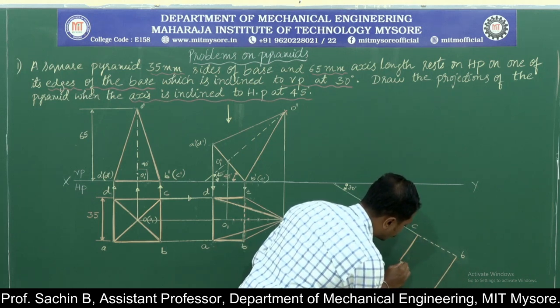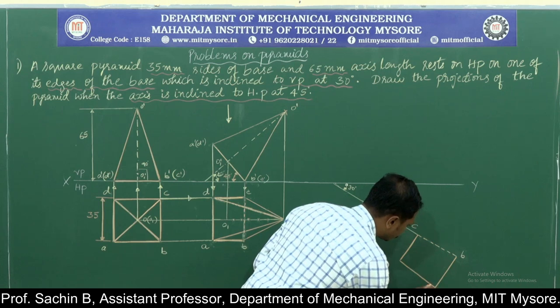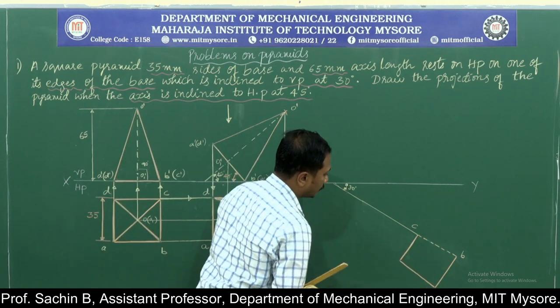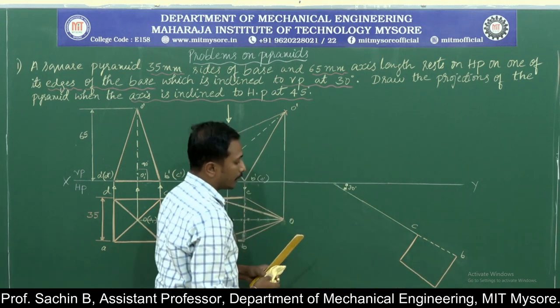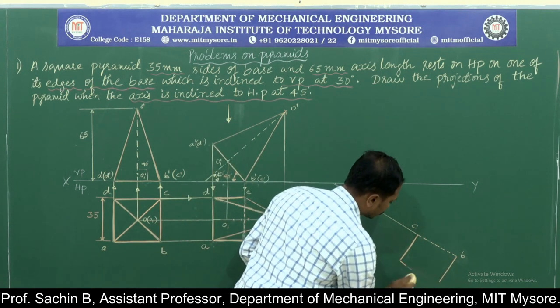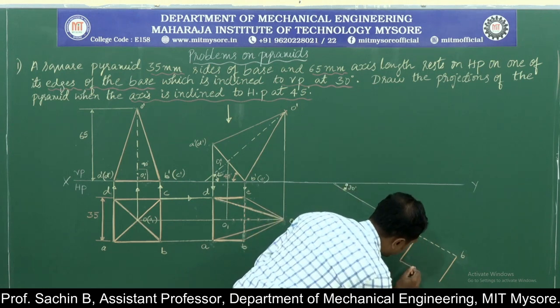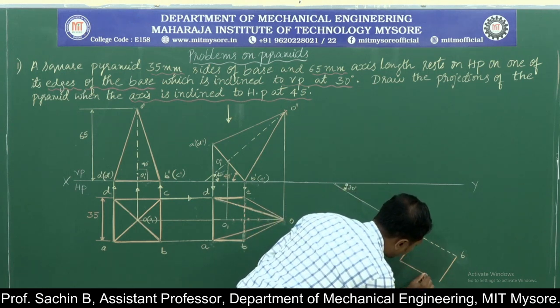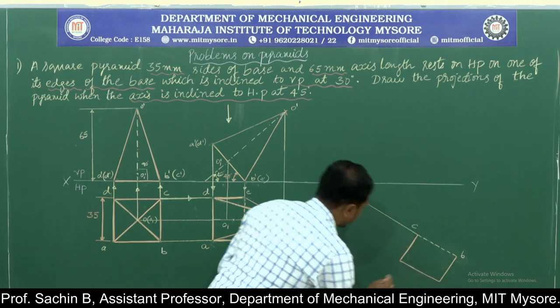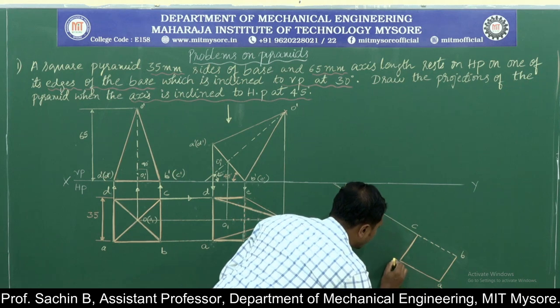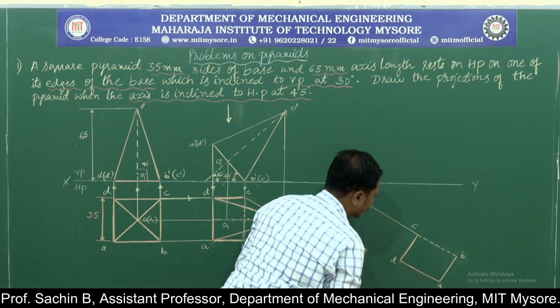Next I am going to join this line. I have measured this length and drawn a line. Next I will go for marking it A, B, C and D.